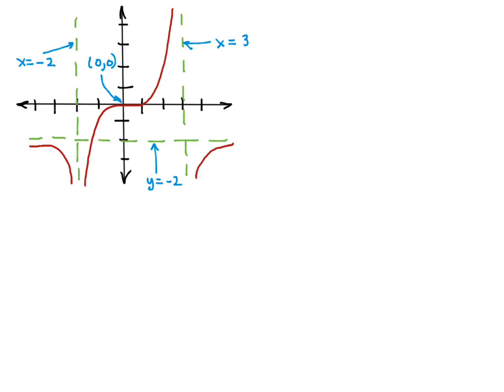Okay, we have 2 vertical asymptotes, which means we have a factor of x plus 2 and x minus 3 in the denominator. We are coming and going from the same direction here, but in opposite directions here. So one of them has a degree of 1, and the other one is a squared 1. And then what we have here is an intercept. Our only intercept is (0, 0). Okay, so have at it with that one.